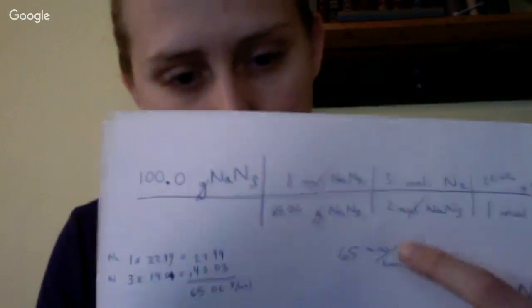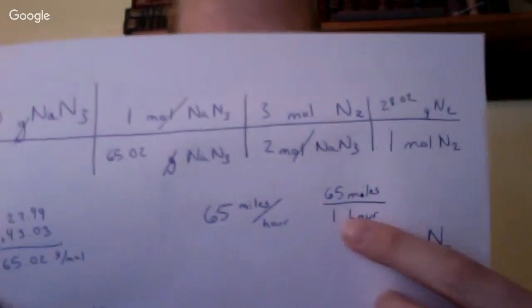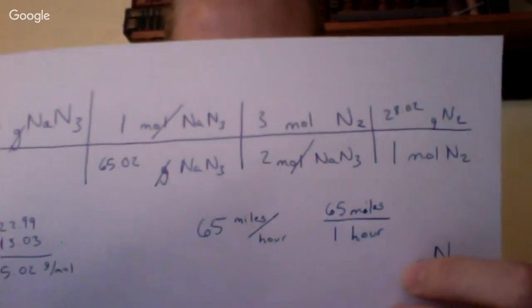65 miles per hour? Yes. But that means, if I write it out as miles per hour, I could rewrite this as 65 miles over how many hours? 1 hour. In 1 hour, you drive 65 miles, right?